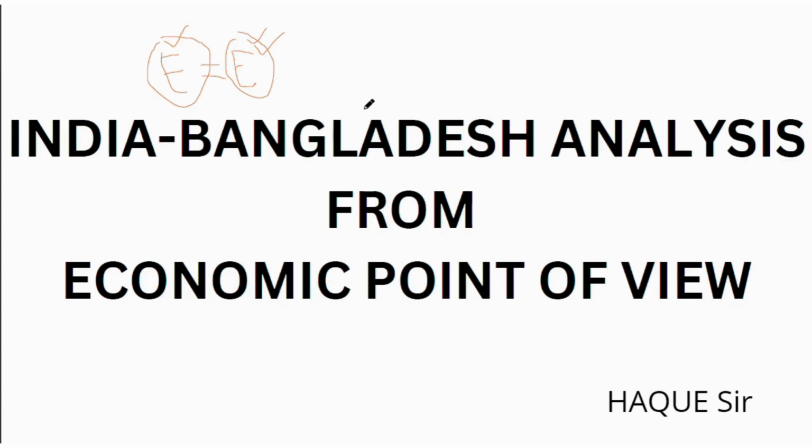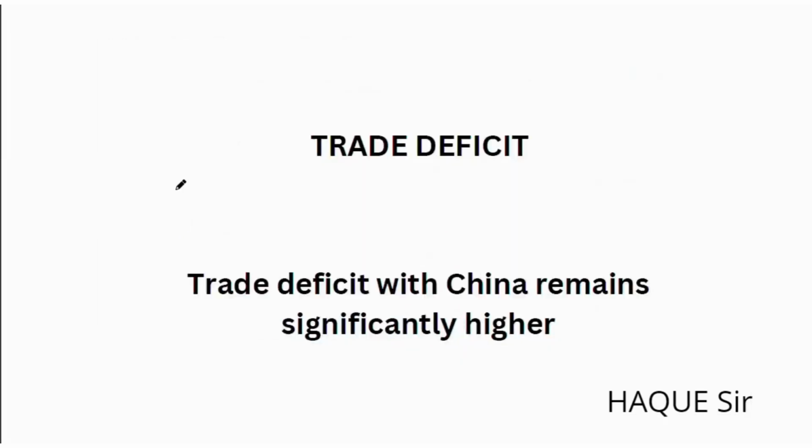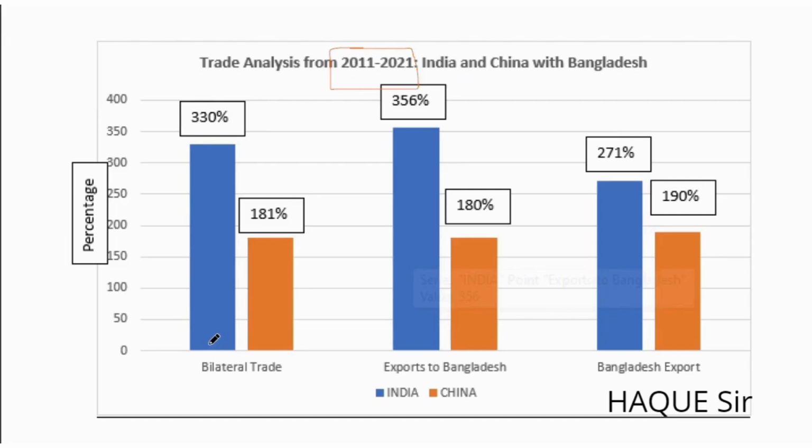So let's start with this chart of the last 10 years, from 2011 to 2021. This is a trade analysis that shows how India's and China's trade with Bangladesh has grown over the last 10 years. If we look at bilateral trade, India-Bangladesh bilateral trade has grown by almost 330%, while in the case of Bangladesh-China, it's only 181% growth.